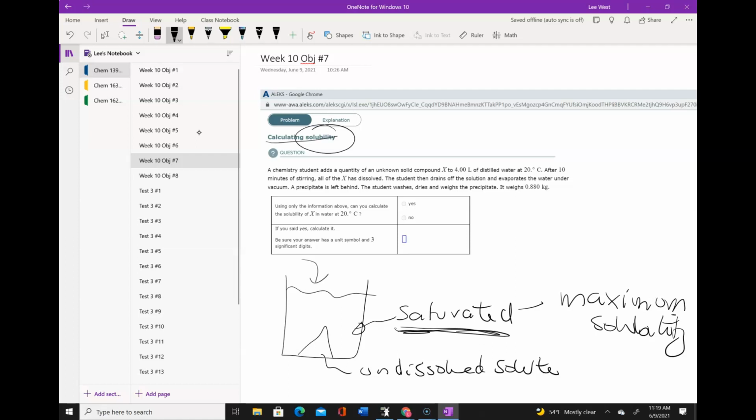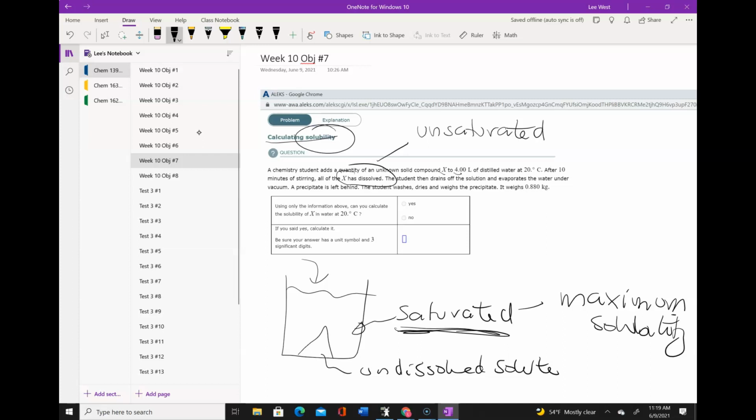It says a chemistry student adds a quantity of an unknown solid compound X to 4 liters of distilled water. After 10 minutes of stirring, all of the X has dissolved. So the fact that all of it dissolved tells you that you've got an unsaturated solution. If you added more, it would dissolve, right?